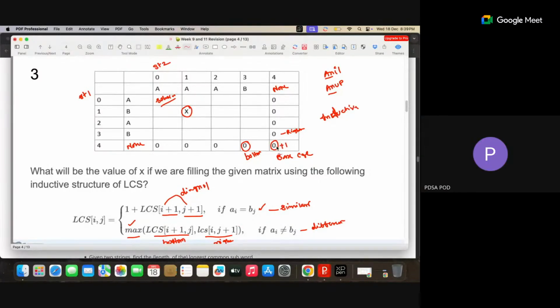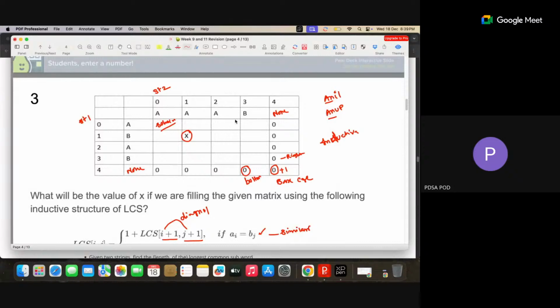diagonal value. This diagonal value means, for example, the current index positions of I and J we are taking. So if you consider the I and J index positions, this particular one we are trying to find out, I plus 1 and J plus 1.